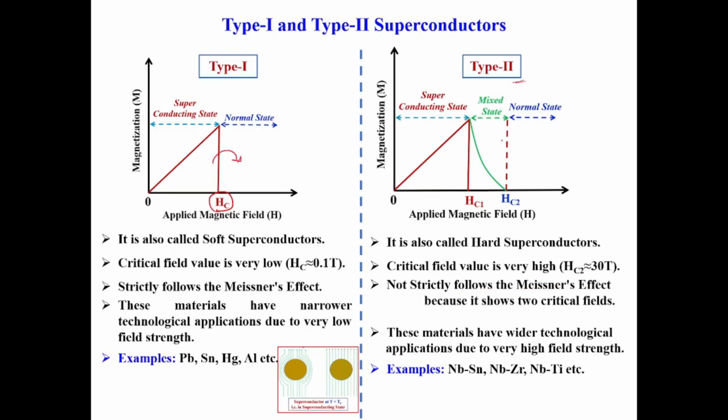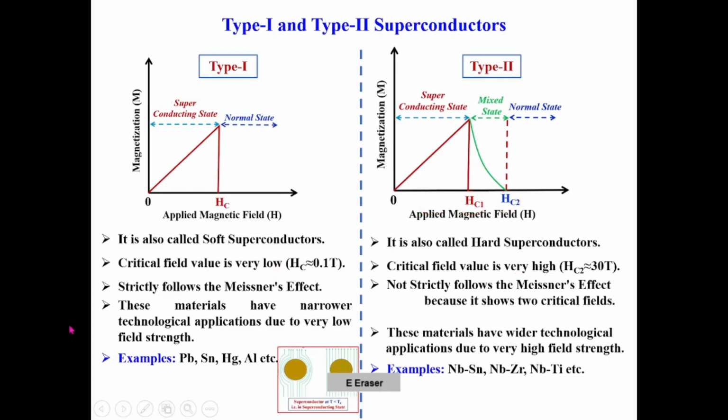Second point, the critical field value for type 1 is very low, around 0.1 Tesla, but for type 2 it is very high. Hc2 is around 30 Tesla, because up to Hc2 type 2 retains some superconductivity, and Hc1 is also around 5 to 10 Tesla.